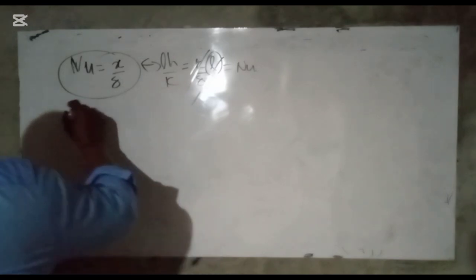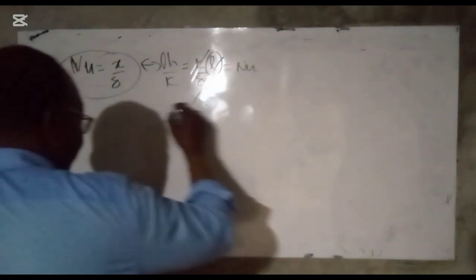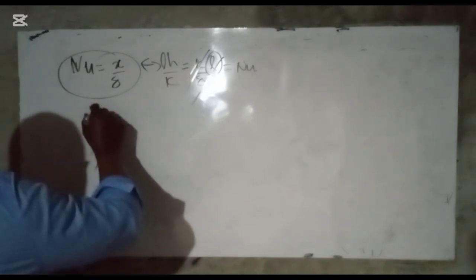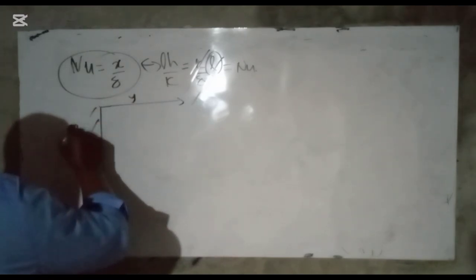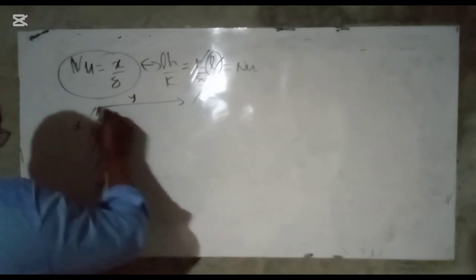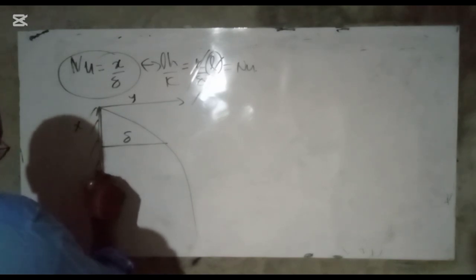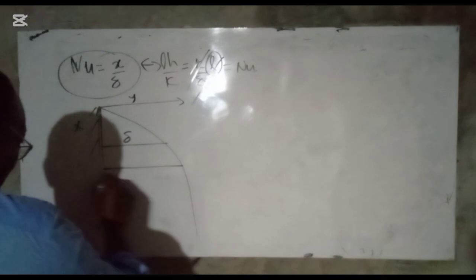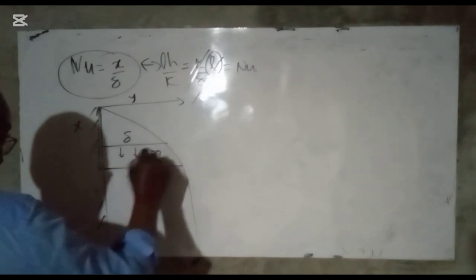Now, let us just look at a schematic of that process. We have y, we have x. That boundary, called sigma. We had indicated an amount of fluid.